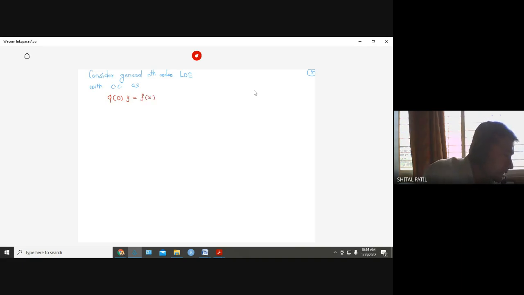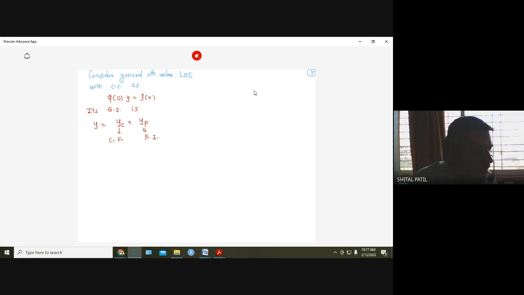Its general solution is y equal to y_c plus y_p. Y_c is known as the CF, complementary function. Y_p is known as the particular integral or particular solution. Now we'll try to understand what this complementary function is and what this particular integral is.